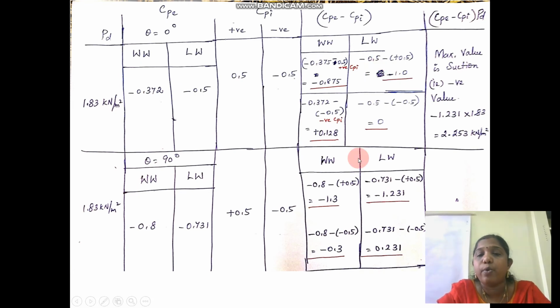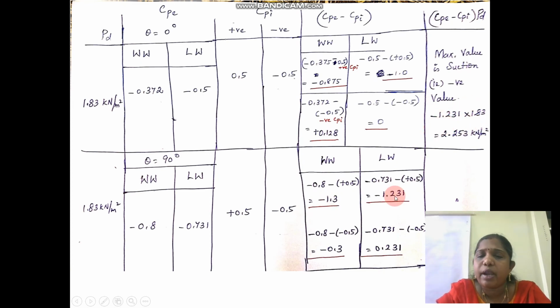That is 1.3 here. It is 1.231 here. So minus 1.3 and minus 2.31. Here I have considered minus 2.31. What you have to do is calculate for minus 1.3. Here I have calculated for the leeward side and you have to calculate for the windward side, right? So you calculate minus 1.3, and I finish this calculation using minus 1.231.